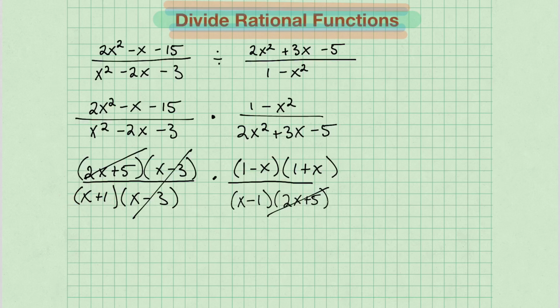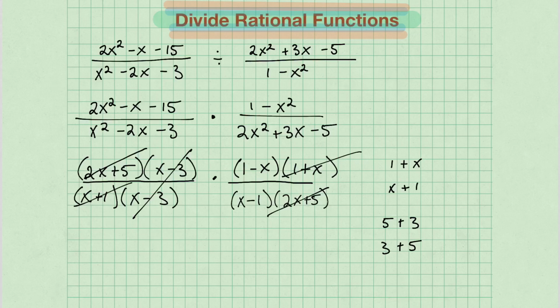Now, if I show you 1 plus x, I'm going to tell you that that's the exact same as x plus 1. And if you think about it, if I have 5 plus 3, that's the same as 3 plus 5. Okay, I'm allowed to do this. You're allowed to switch the places of these. So I wanted to point that out to show you that this term and this term here, they're equal, which means that we could cancel those out.